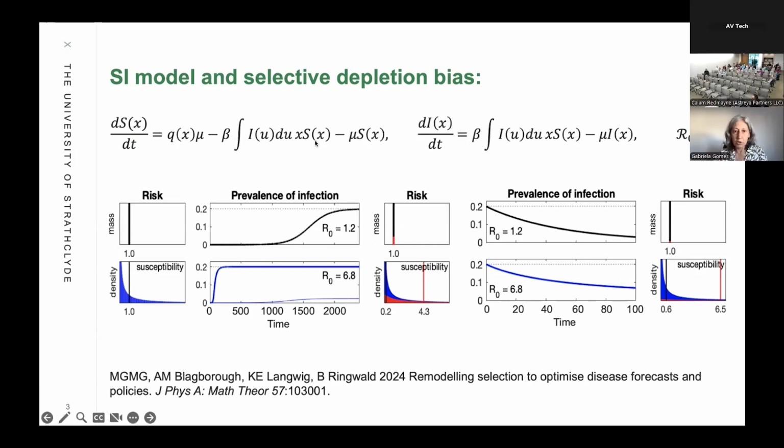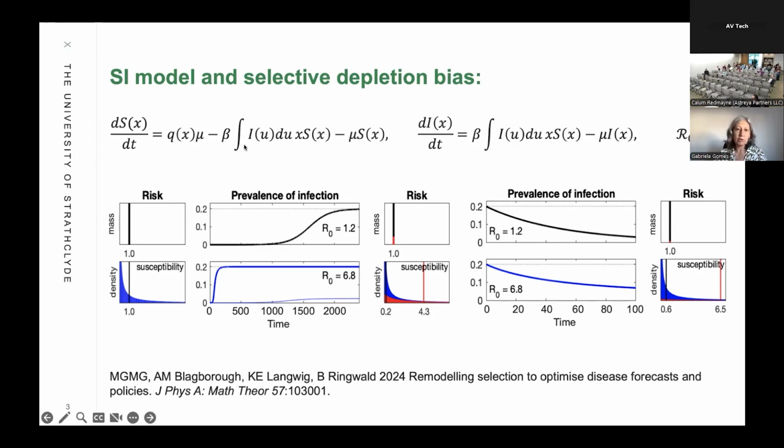Because of that, the susceptibility factor x appears here, and this is the force of infection. The force of infection is the per capita rate of infection for an individual, and that depends on the susceptibility level of that individual. So individuals with a higher x are more likely to be infected. And that's how heterogeneity appears in these models.